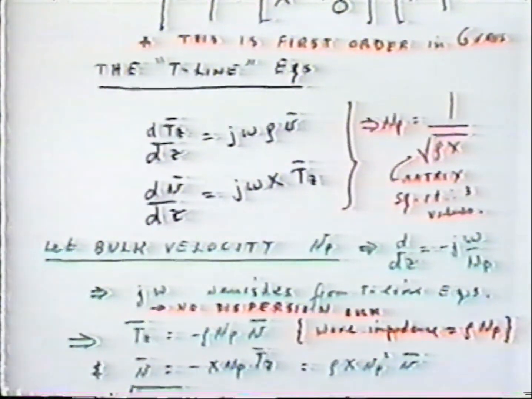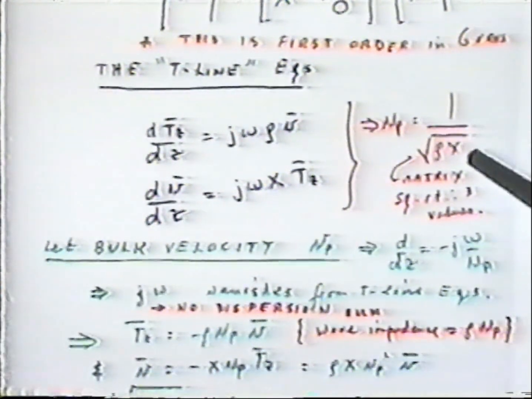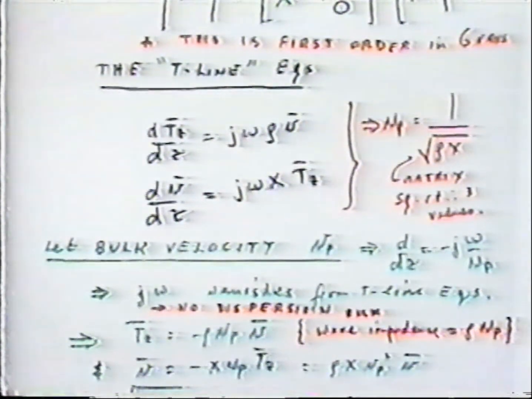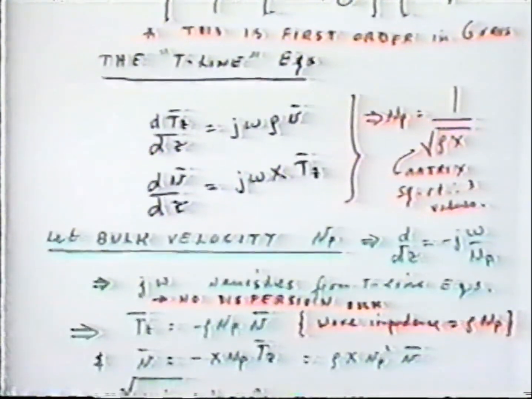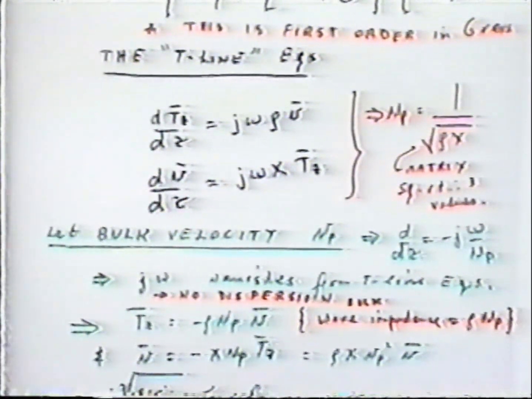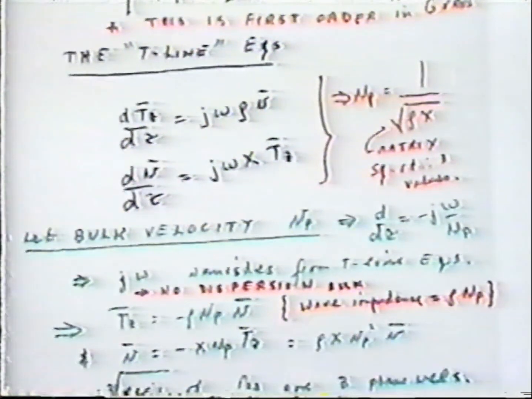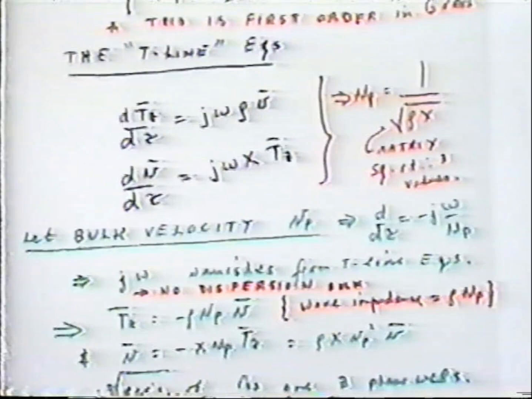Finding the velocities is equivalent to finding the eigenvalues of this matrix 1 over rho x, or the root of the eigenvalues of the matrix 1 over rho x, or gamma 3 over rho. This is just a simple problem.